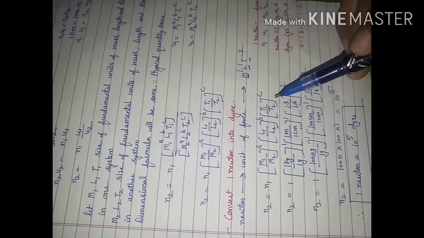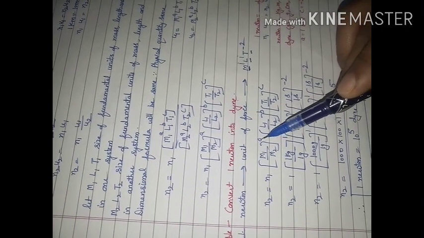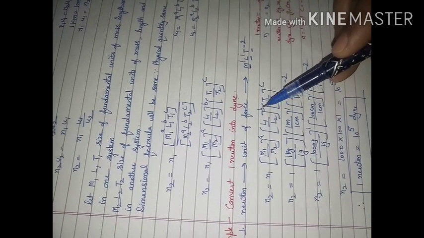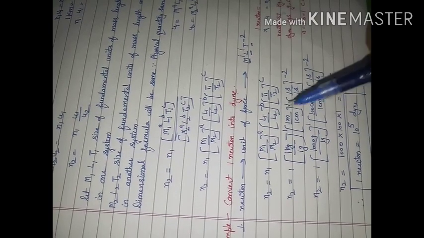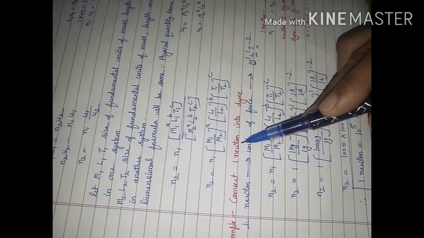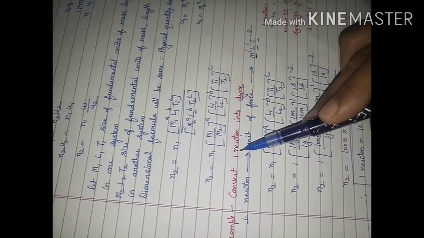So our basic formula was N2 is equal to N1, M1 upon M2 raised to power A, L1 upon L2 raised to power B, T1 upon T2 raised to power C. Now this system is SI system. This system is CGS system.